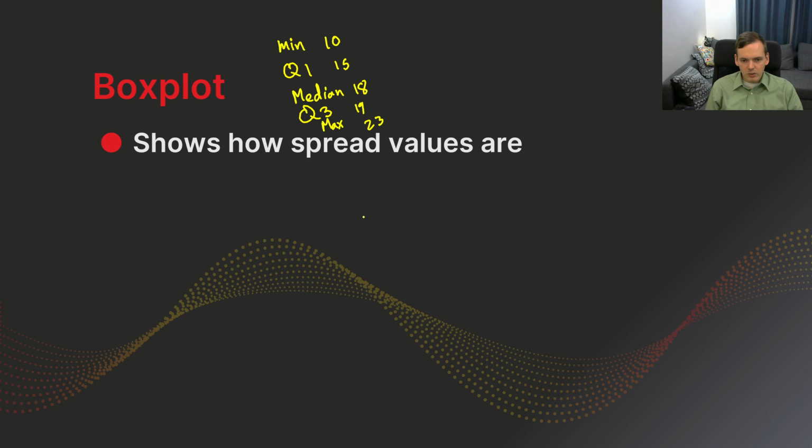Well, then what we're going to do is plot those out pretty roughly here. 0, 5, 10, 15, 20. So first I go from Q1 to Q3, from 15 all the way up to 19. So I draw a rectangle. Then I divide it at the median. So the median is right here.